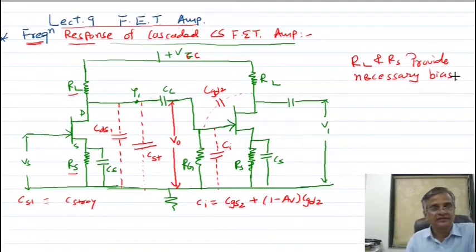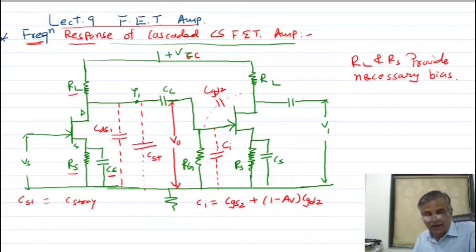Necessary bias means the values of RL and RS are selected such that the Q point will come at the middle point of the load line.